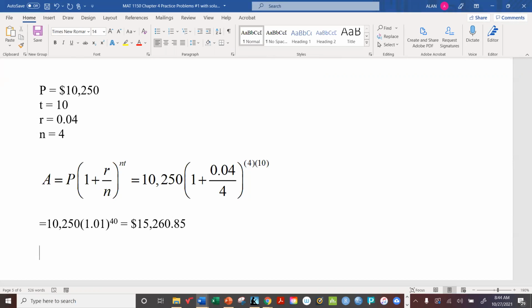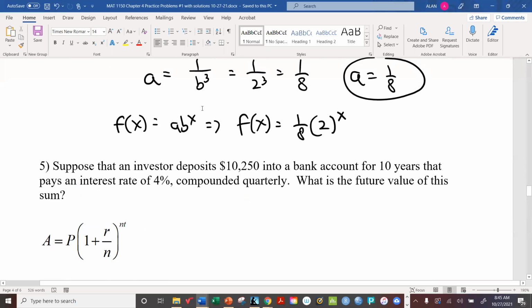So in other words, if you start out in your account with $10,250 and you left it there for 10 years, with this rate of interest, you'd end up with $15,260.85. Okay, so that was, compared to what we were just doing, pretty nice and straightforward. I think you'll agree.